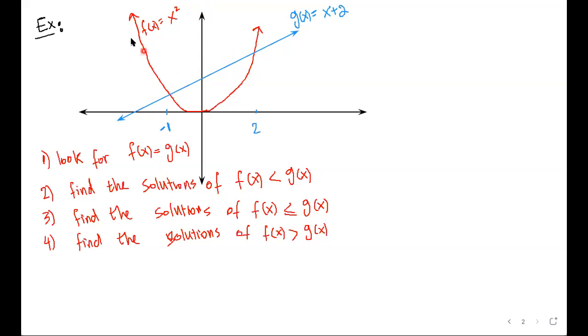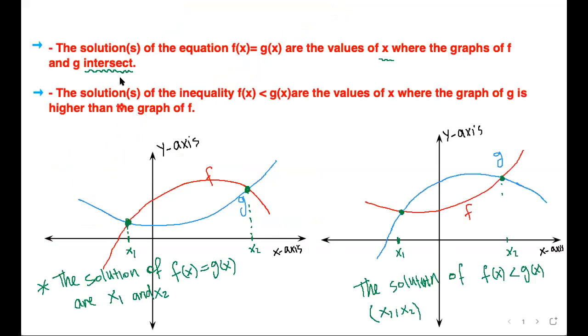Okay. So we look into the two graphs. The first graph is f of x, the red one, and the second graph is the blue one. For the first one, they're asking for the solution of f of x equals g of x. Like before, the solution of the equation is where these two functions are equal, so we look at the x values where the graph of f intersects the graph of g. So we're going back here.